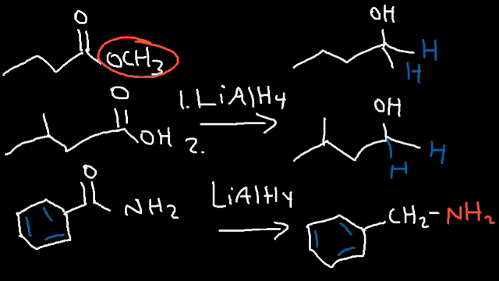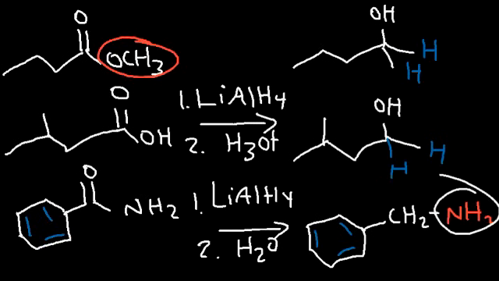Now the second step, when reacting it with an ester or carboxylic acid, is H3O+. But when you're dealing with an amide, you want the second step to be water as opposed to H3O+. Because if you use H3O+, it can protonate the amine and you're going to get an ammonium ion. It's going to be NH3+ instead of NH2.